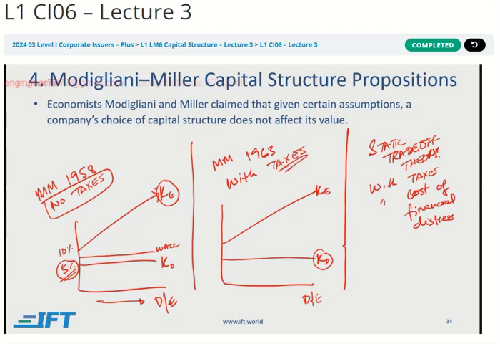And you know that the cost of debt has 1 minus the tax rate that we multiply it with, because it is a tax deductible expense. And that's why what they're basically saying is that your weighted average cost of capital actually comes down. It comes down instead of staying flat.